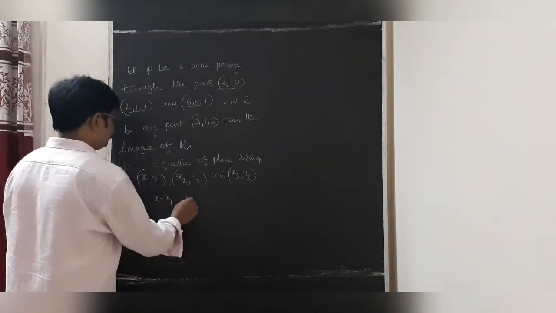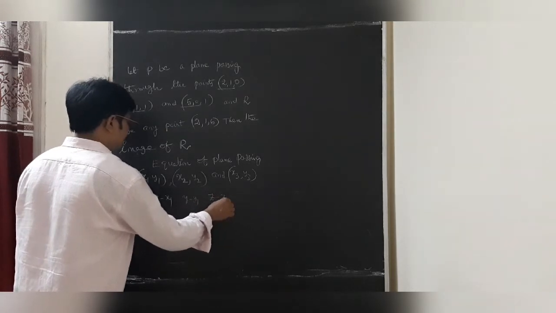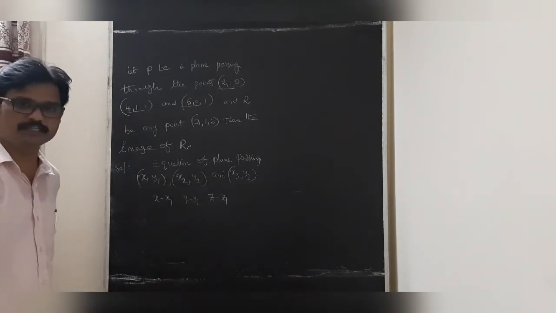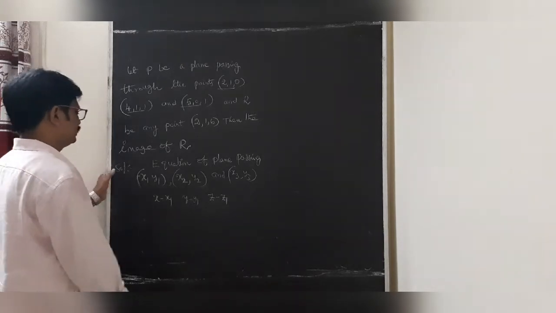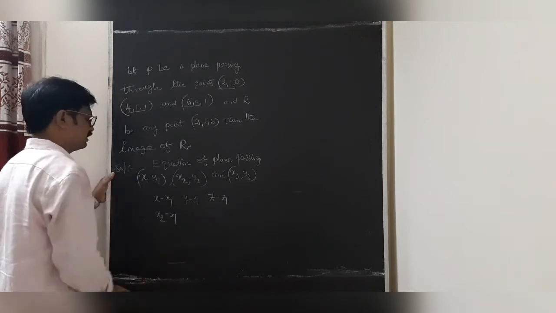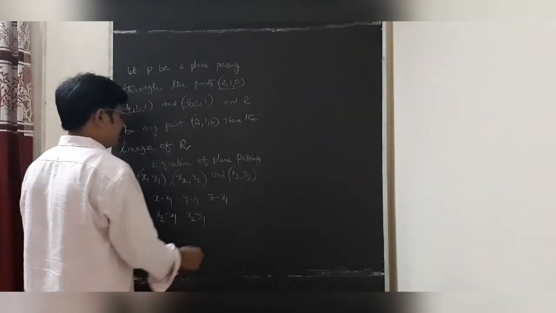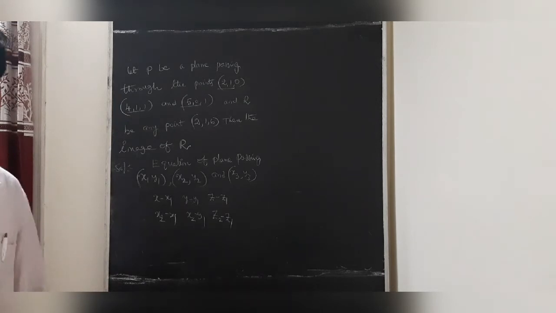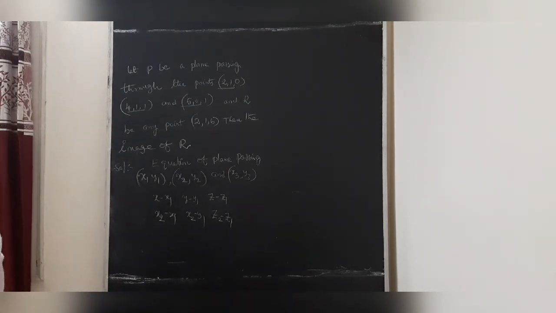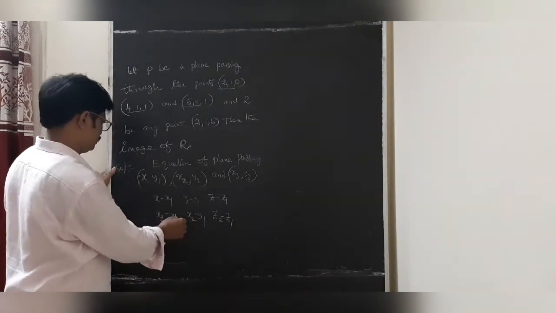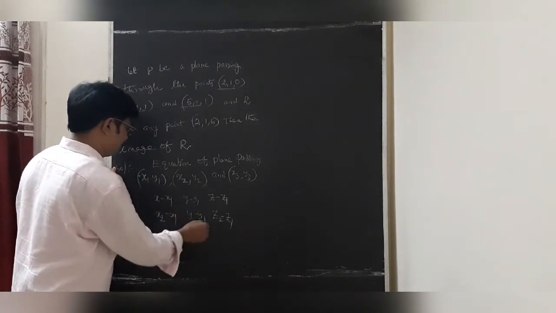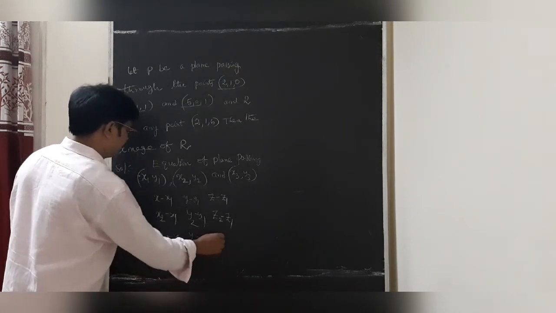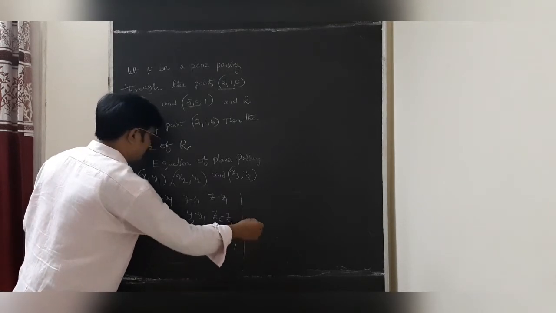The determinant with rows: x minus x1, y minus y1, z minus z1; then x2 minus x1, y2 minus y1, z2 minus z1; after that x3 minus x1, y3 minus y1, z3 minus z1, equal to 0.